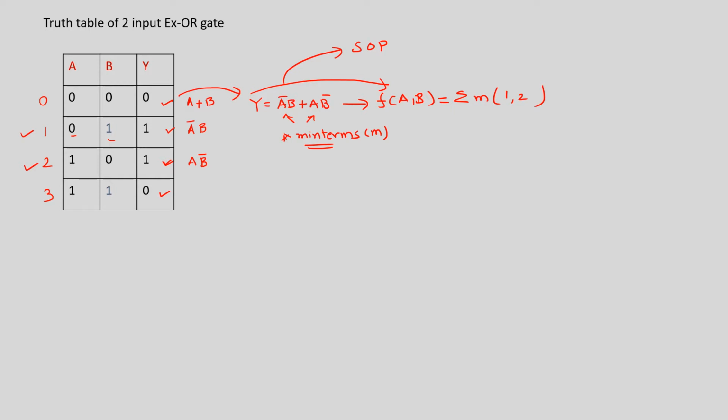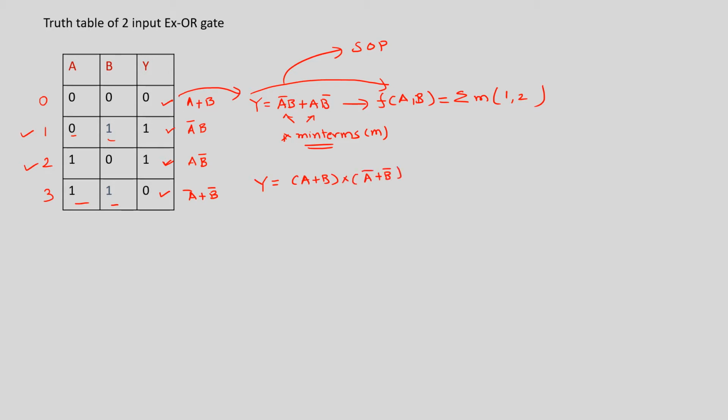For this 0, the input combination is 1, 1, so it is written as A bar plus B bar. So for 1, bar is put. So output column Y is represented as A plus B into A bar plus B bar.